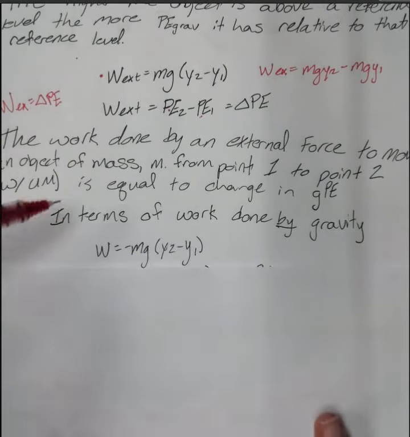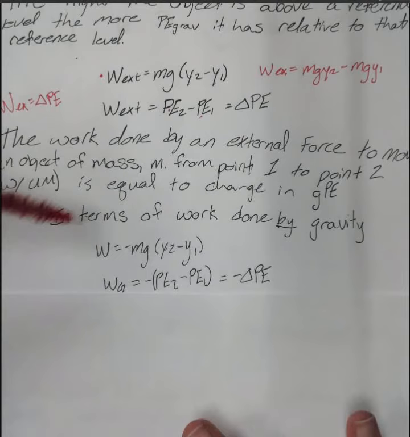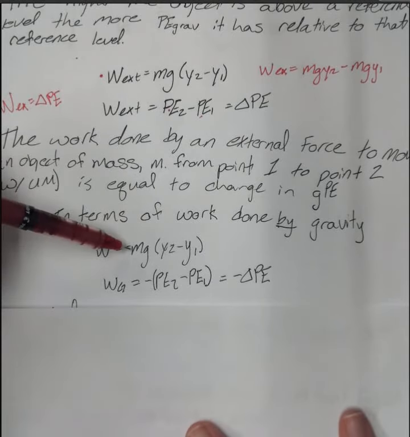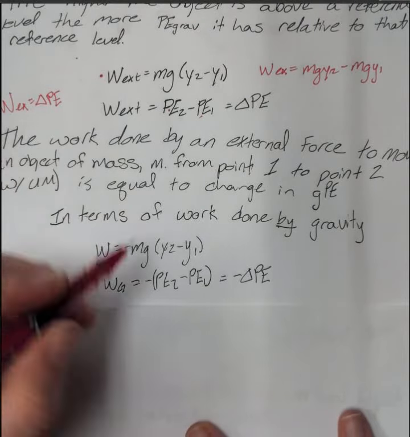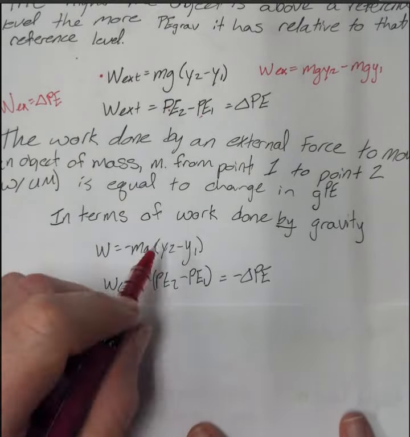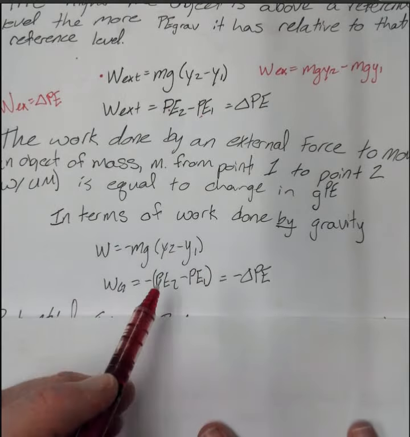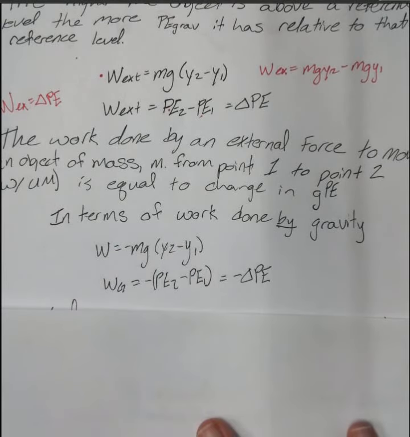In terms of work done by gravity, well, in this case, gravity is a downward force, and so we set downward to be down for weight, and now we look at the exact same situation, and we end up saying that the work done by gravity is opposite the potential energy.